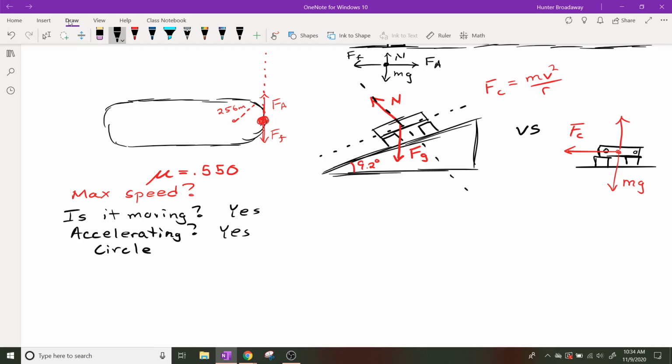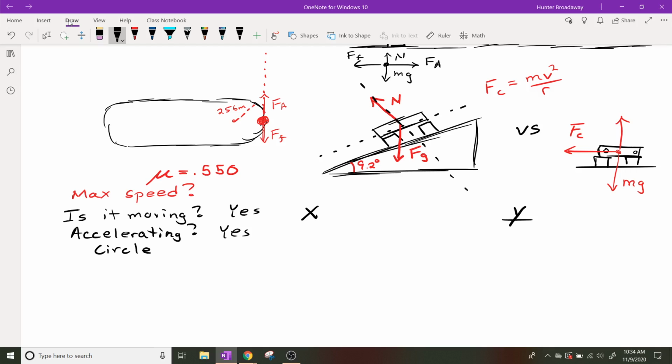The circle part is going to be the part that's wanting to go in this direction, into the circle. And we're going to try to find out how fast we can actually go, because I know that if we're going in a circle, there's a v squared over r. So let's sum up our forces. Let's split this up: x direction and y direction.